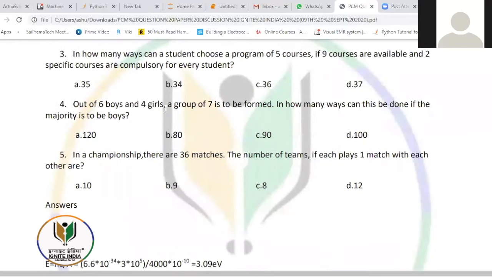Out of 6 boys and 4 girls, a group of 7 is to be formed. In how many ways can this be done? The majority is to be boys. Okay, so out of 7, if the majority is to be boys, the minimum starts with 4 boys and 3 girls.